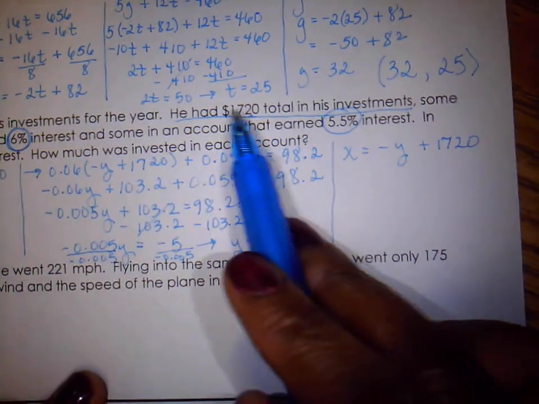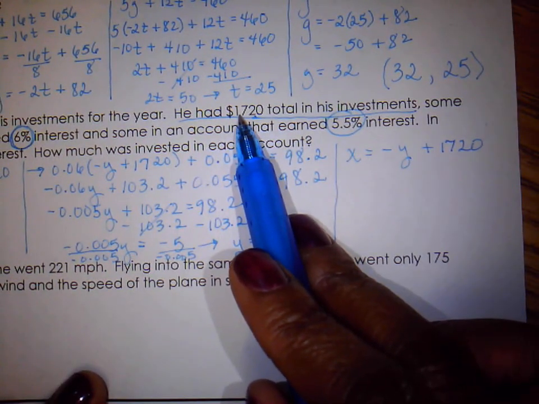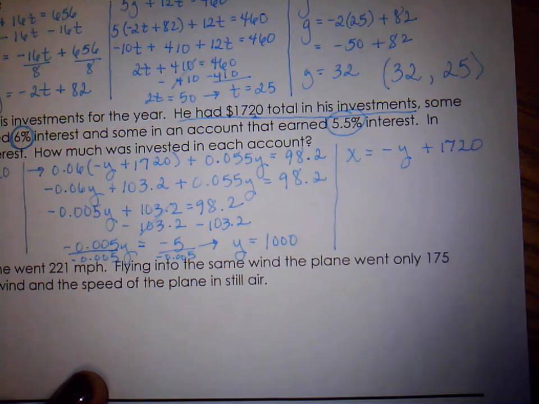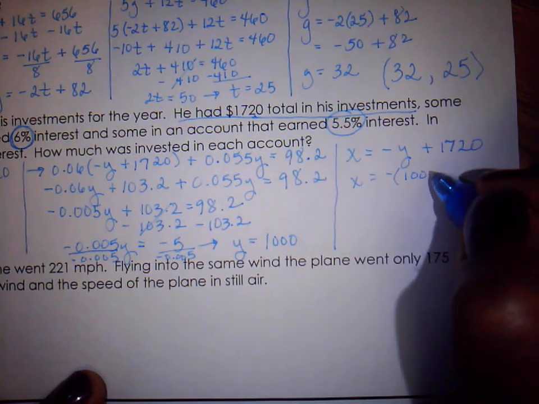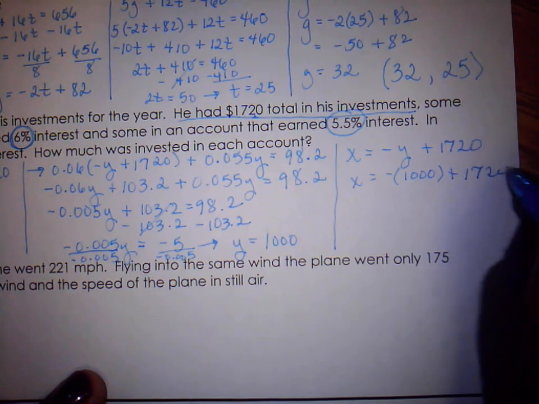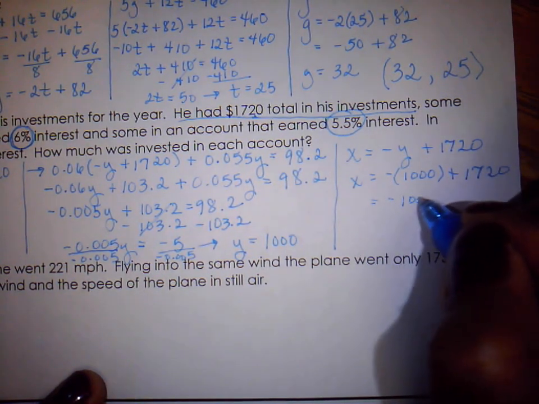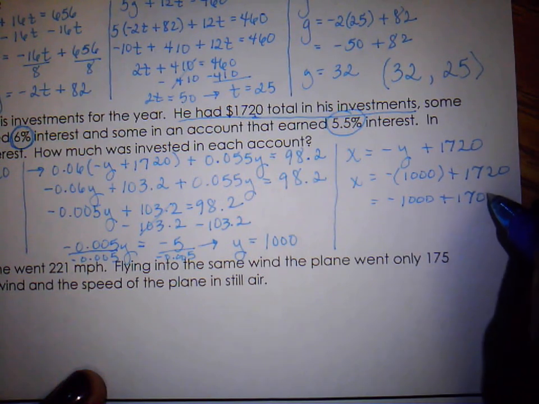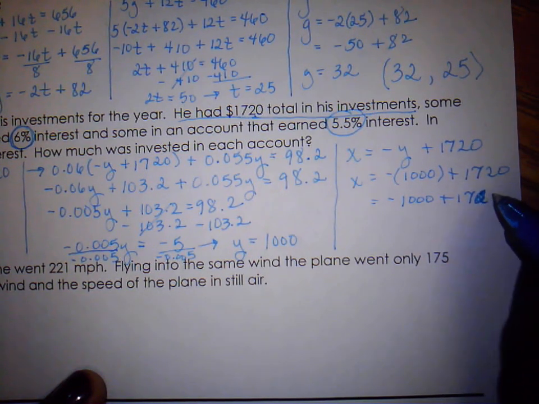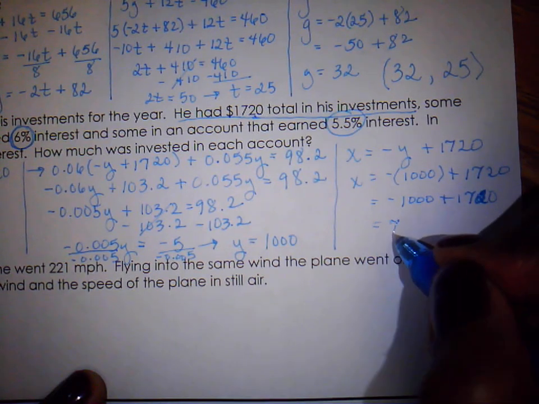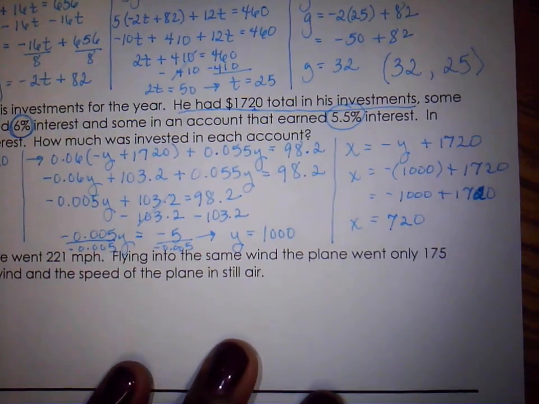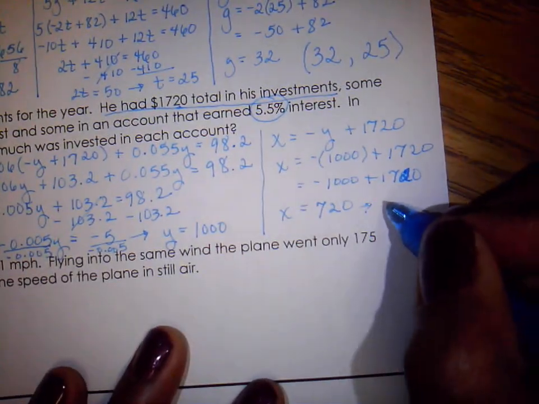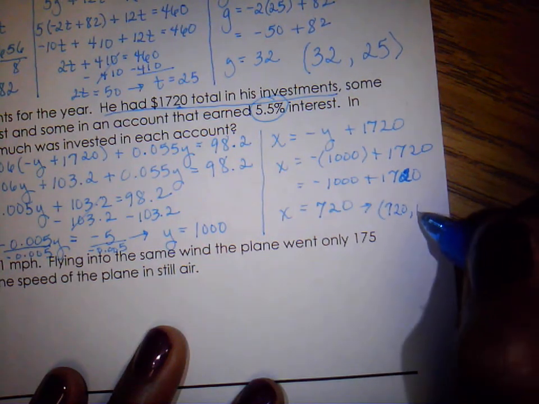Some of you all can just tell, okay, I'm going to subtract 1,000 from this. And so x should be what? 720. It should just be 720, but it's cool. X is equal to negative 1,000 plus 1,720, which is equal to 720. Okay? And so my final answer is going to be 720, comma 1,000.